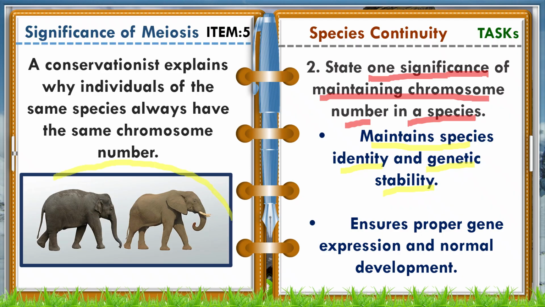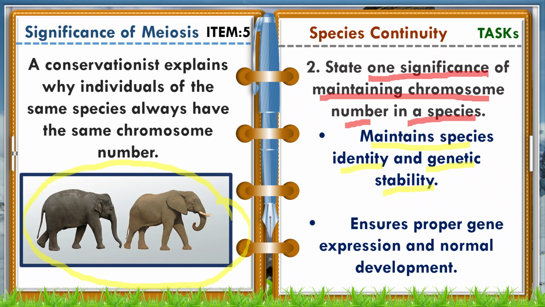By maintaining the chromosome number, we are maintaining the species identity, meaning that this one will remain as an elephant from generation to generation. And also, it maintains the species genetic stability. It stays stable without very many changes, though variation may take place, but the chromosome number is genetically stabilized.